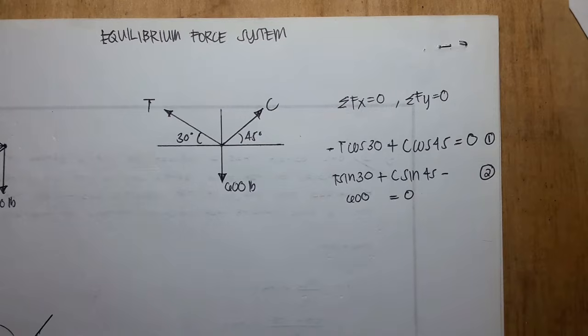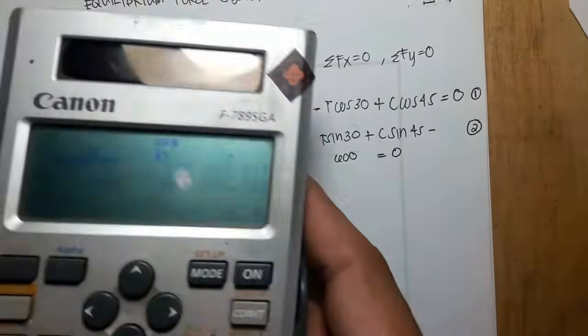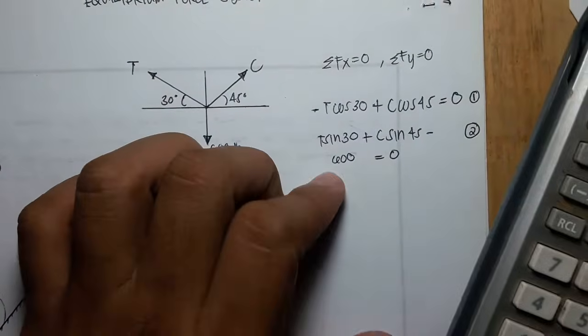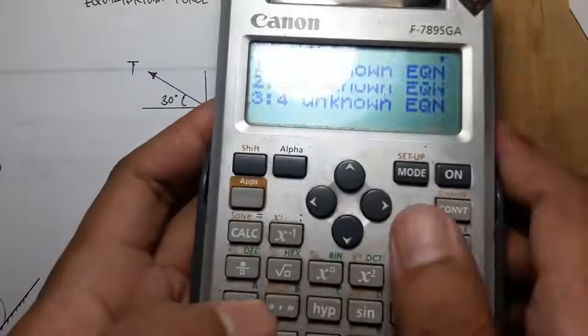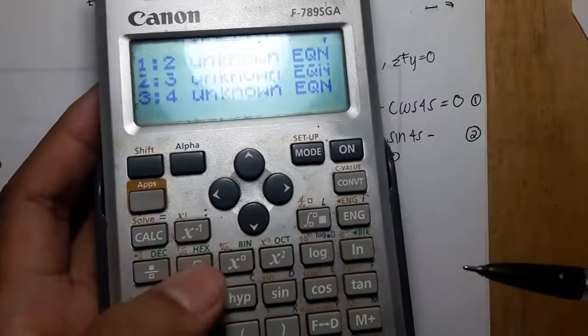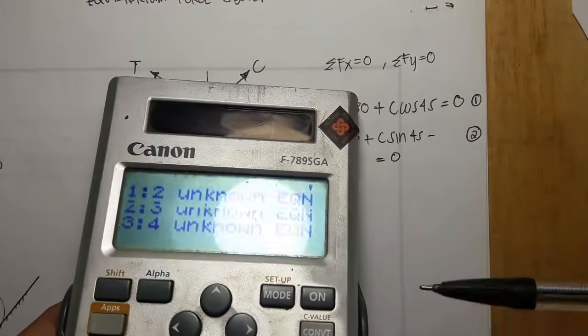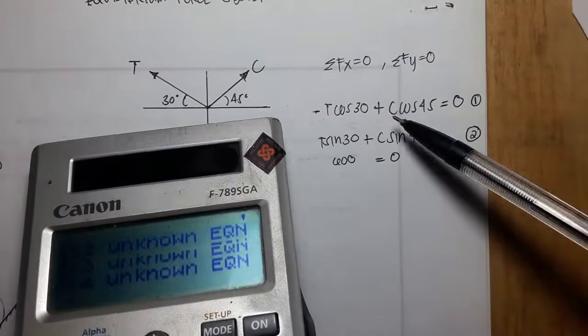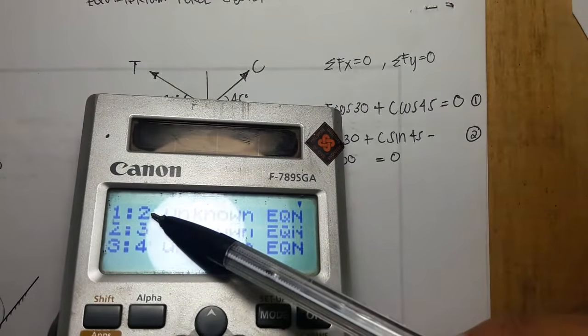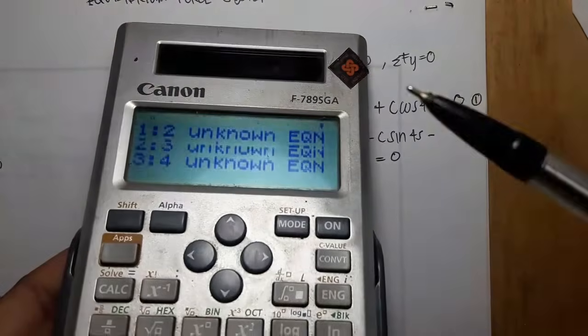Using our scientific calculator, we just have to input these values. If you have a scientific calculator, we have two unknowns, T and C, so we will choose this one with two unknowns.